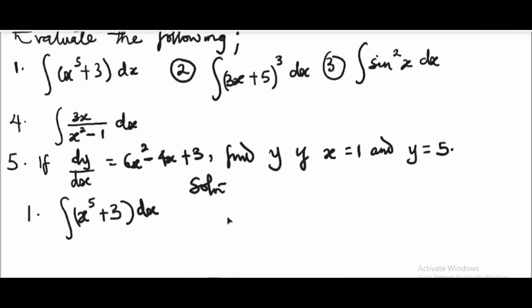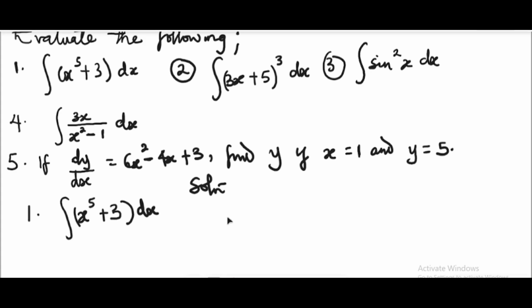The integral of x to the power of 5 plus 3 with respect to x. So if we integrate x raised to the power of 5, that will be x raised to the power of 5, add your 1, that's our golden rule. When you add your 1, you have a new power, which is 6. Divide by that new power. Plus, okay, now for us to have just 3, it means that this 3 is multiplying x raised to the power of 0, right?